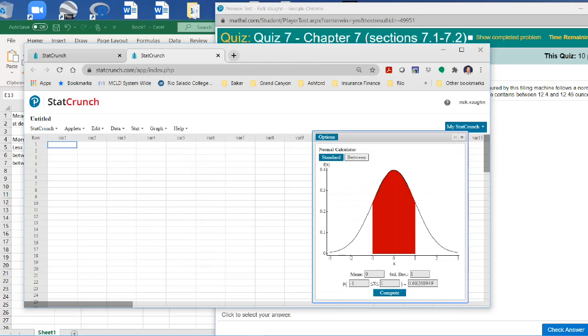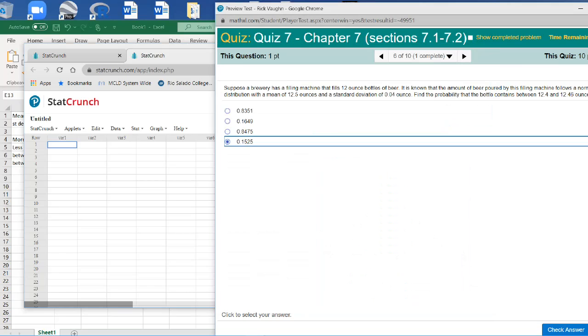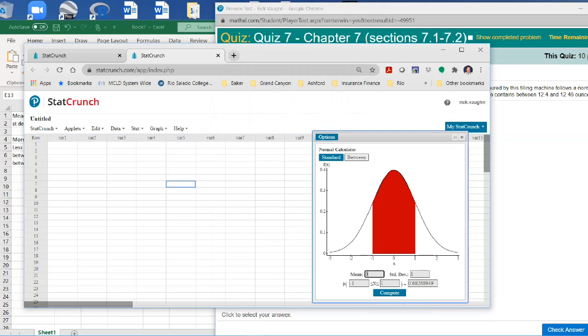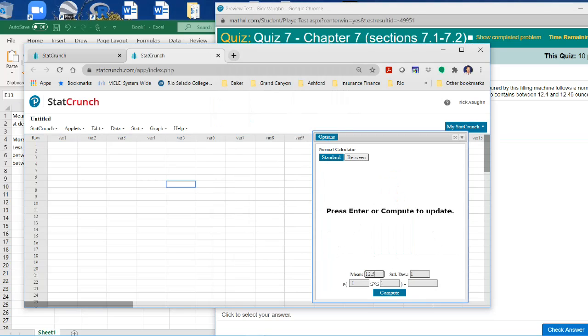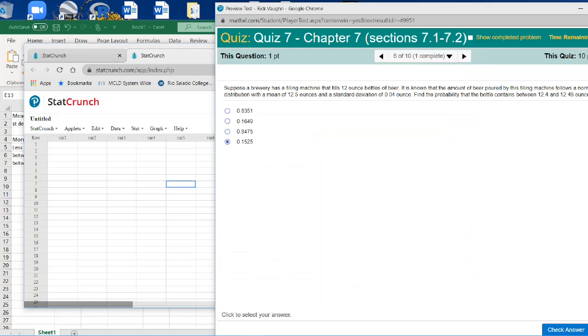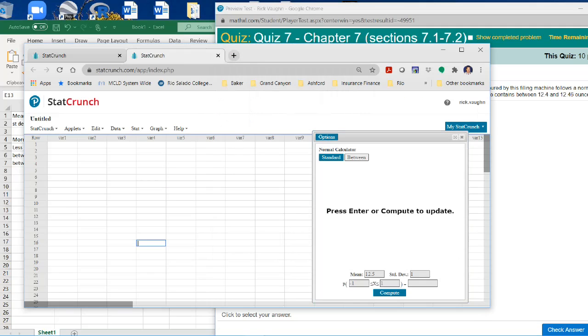Okay, so it has the two values. I'm going to type in the mean here, 12.5. I'm going to enter the standard deviation, 0.04. And then I want to compute the probability that it's between 12.4 and 12.46.